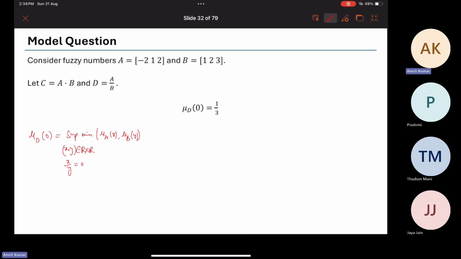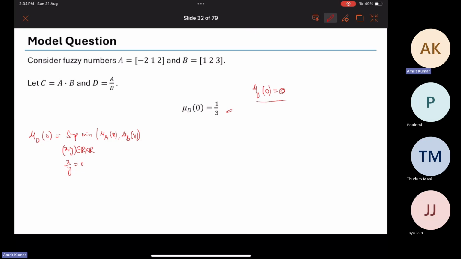But that approach is useful only when we have an option of this form, right? It's only when you're dealing with options like this that that particular approach will work. Because in that approach, we're just able to show that the membership function of 0 in D or 2 in D or 5 in D, whatever number you have, is greater than 0. However, in this case, we need to check if it is equal to a particular value.